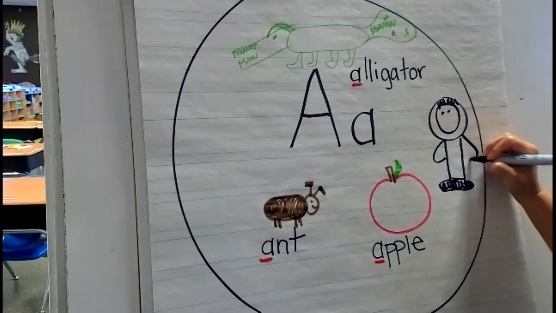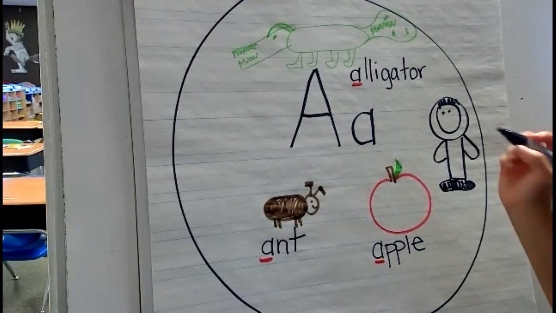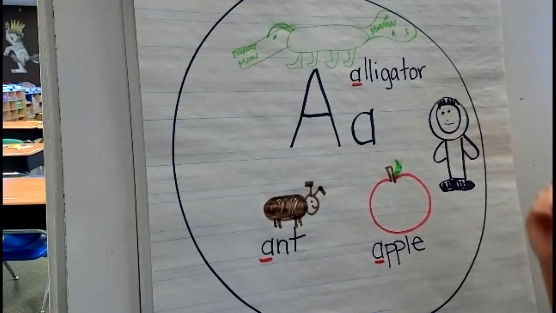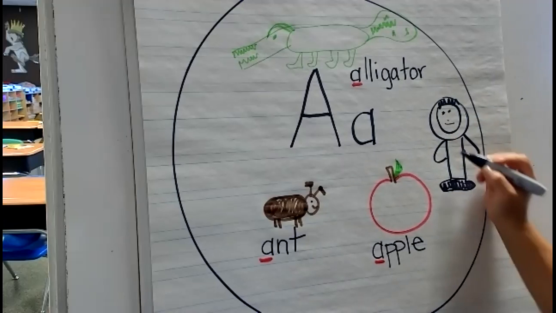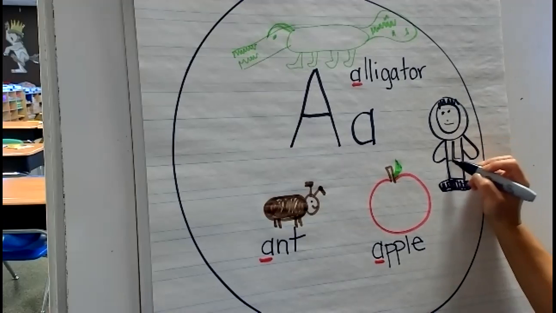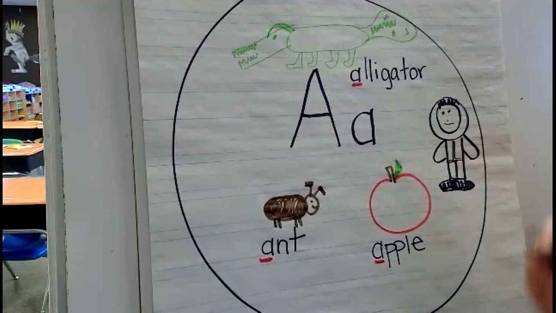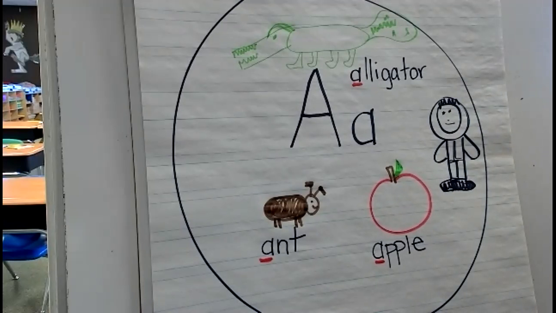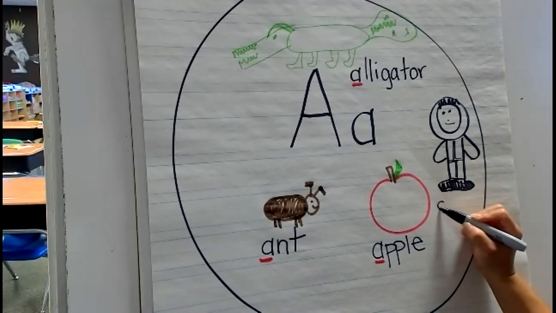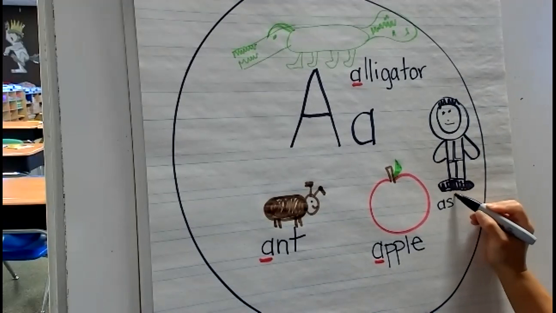He's in a big suit, right? And we can only see his face, but there, he's an astronaut. We're gonna go ahead and write the word, and this one's a big word too, okay? There we go. Astronaut.